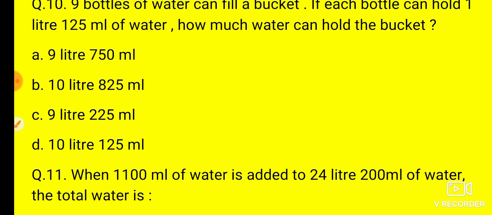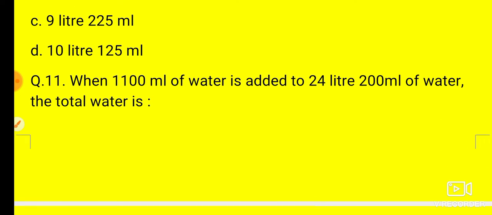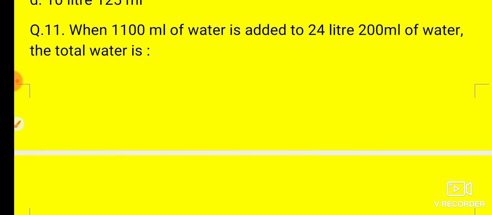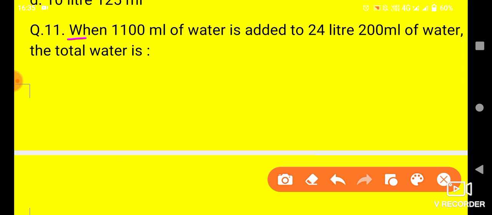Now we will solve the next question, and the next question is that when 1100 milliliter of water is added to 24 liter 200 milliliter of water, the total water is.